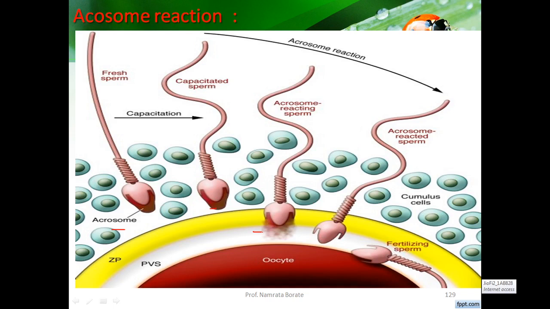They separate and dissolve the cells of the corona radiata, so the sperm head passes through the zona pellucida.